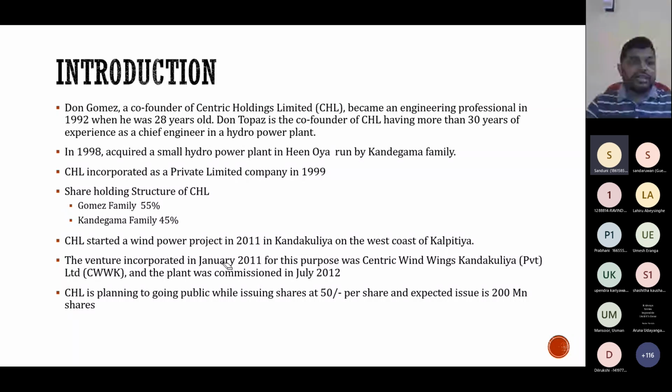The shareholding structure, I think you have already discussed. 55% is held by the Gomez family, that is Don Gomez and Don Topaz, and the balance 45% goes to the Kandekama family. Then you analyzed how the shares are distributed among the 4 members of the Kandekama family.